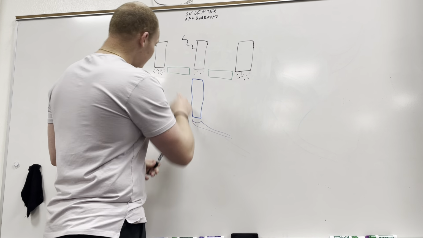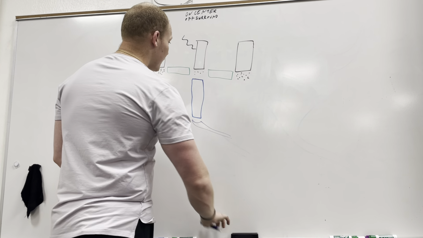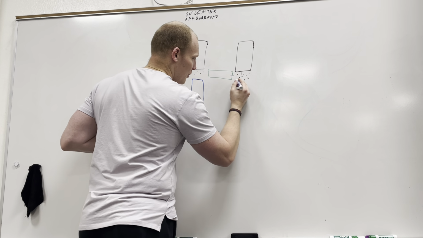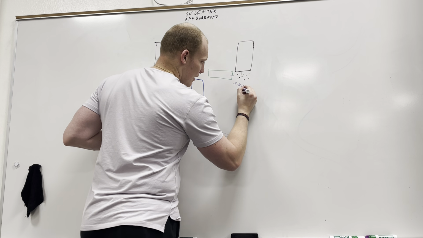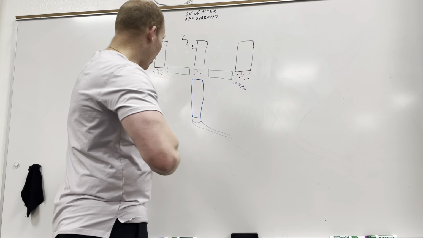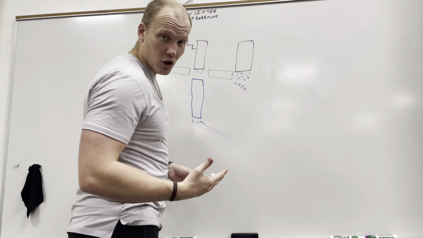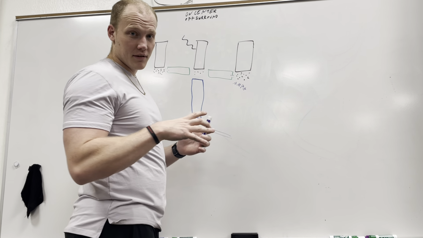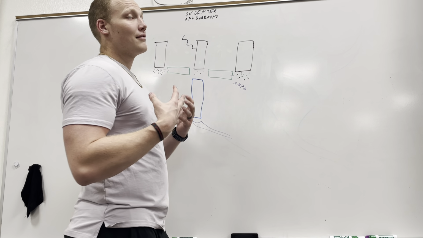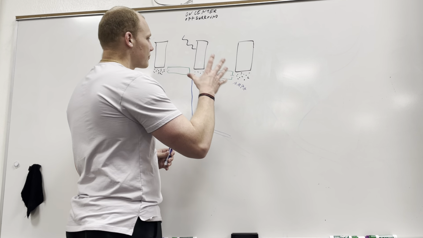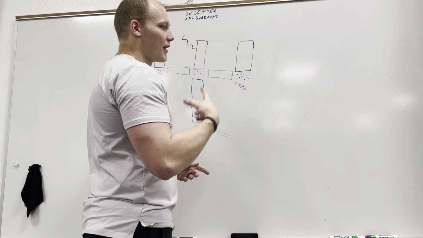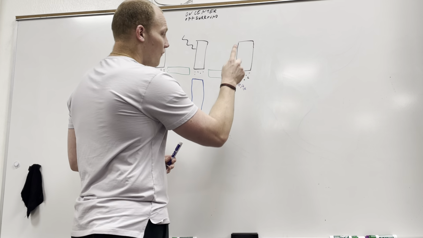These horizontal cells have AMPA right here, and here as well. As you know, AMPA is an ionotropic cationic channel that is ligand gated for glutamate.